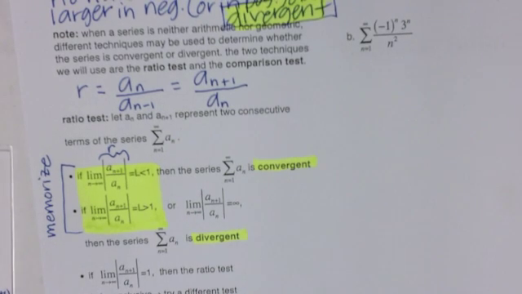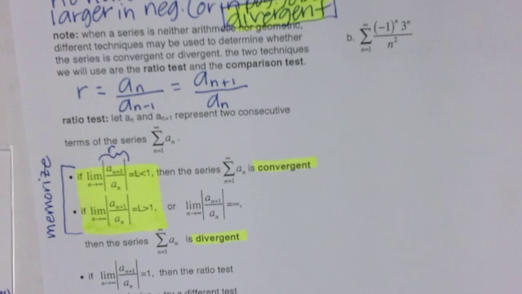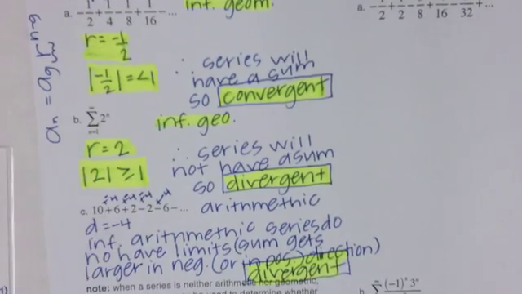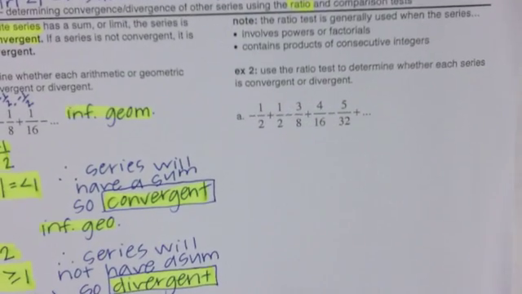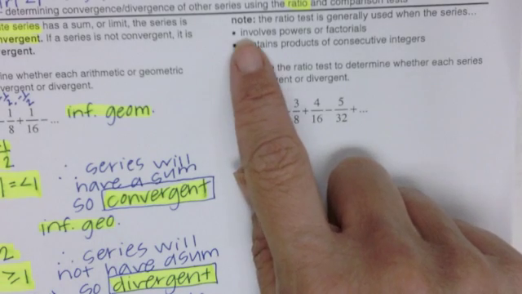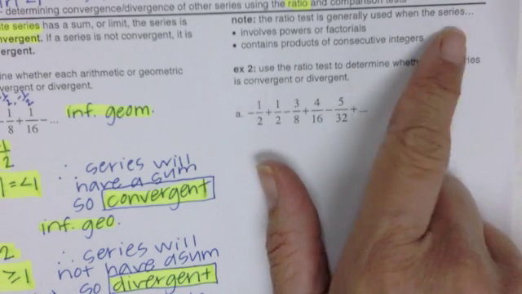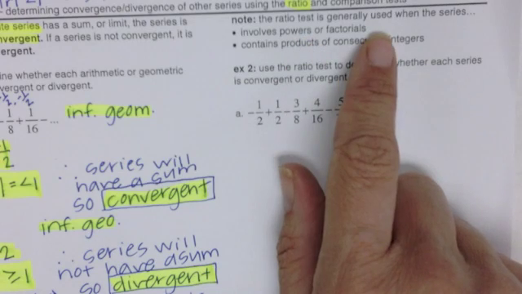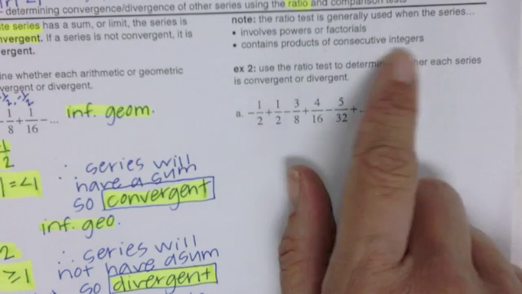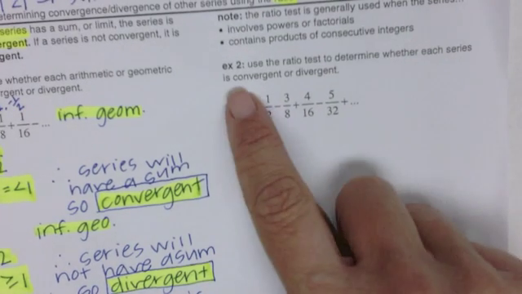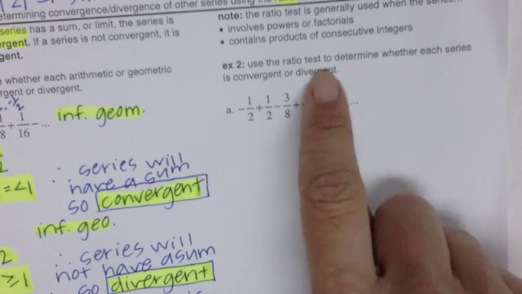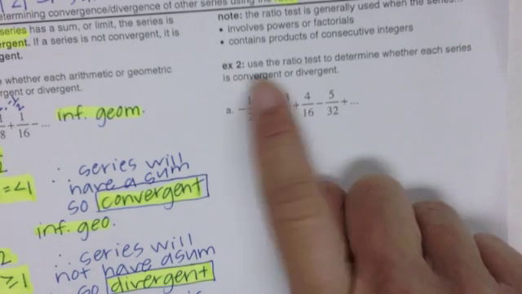Because we're doing the ratio test, we have to do the absolute value just like we did when we were doing infinite geometric and we took the absolute value. Okay? So let's go ahead and take a look here at example 2. Before we do that, just note that it's generally used when the series involves powers or factorials or contains products of consecutive integers.